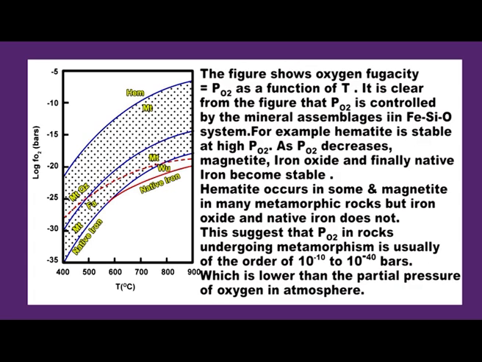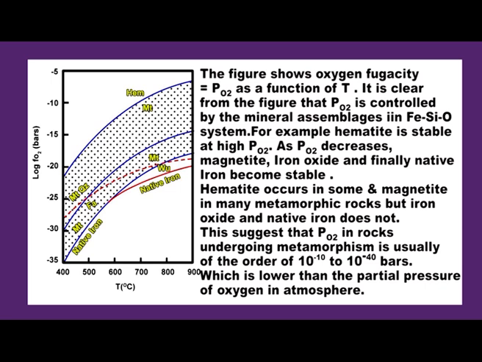See figure. The figure shows oxygen fugacity, equal to PO2, as a function of temperature. It is clear from the figure that PO2 is controlled by the mineral assemblages in the Fe-Si-O system. For example, hematite is stable at high PO2. As PO2 decreases, magnetite, iron oxide and finally native iron become stable.